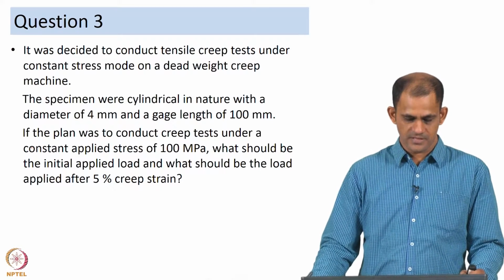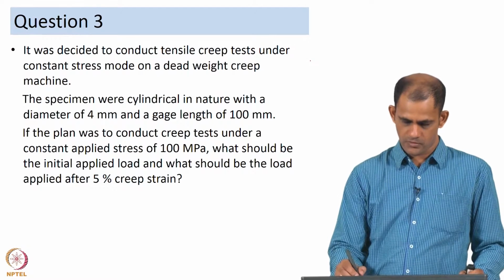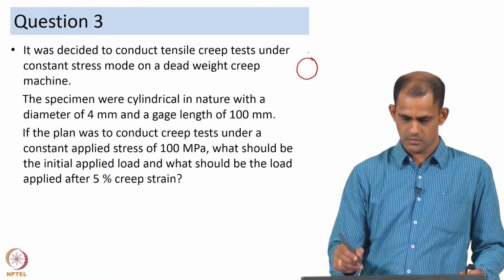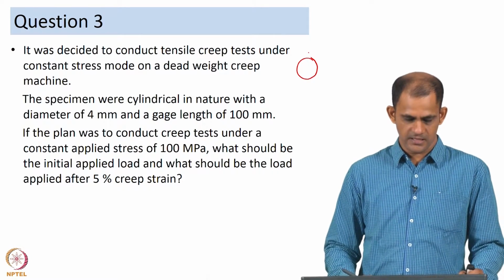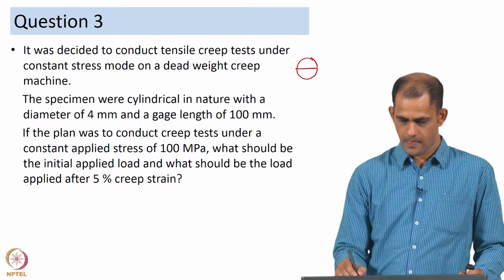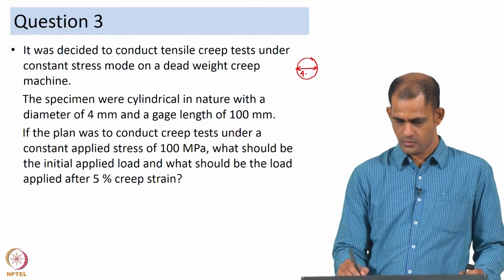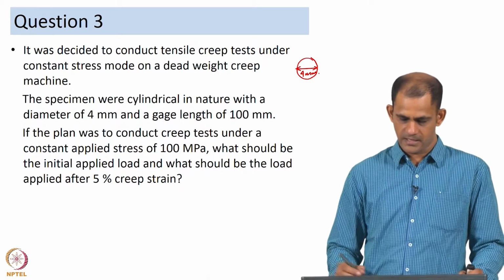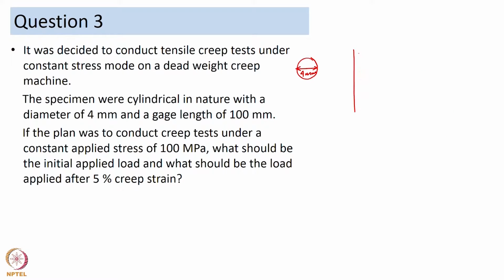The specimens were cylindrical in nature, with a diameter of 4 mm and a gauge length of 100 mm.